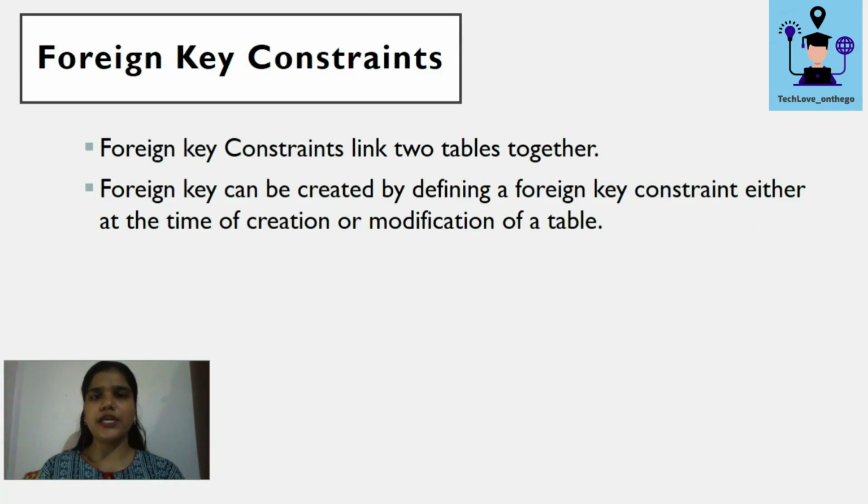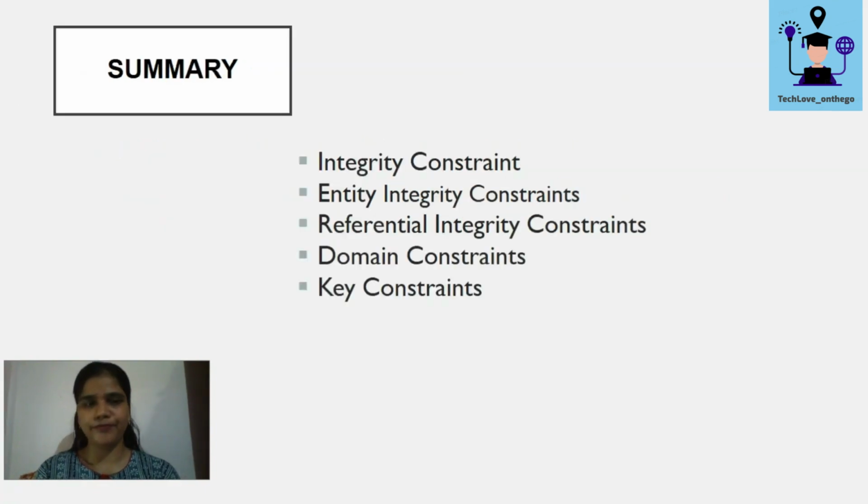A foreign key constraint links two tables together. Basically it is the concept of referencing table and reference table, and you are connecting both tables. So in foreign key constraint you can create foreign keys, and you can delete foreign keys. If you want, you can modify them.